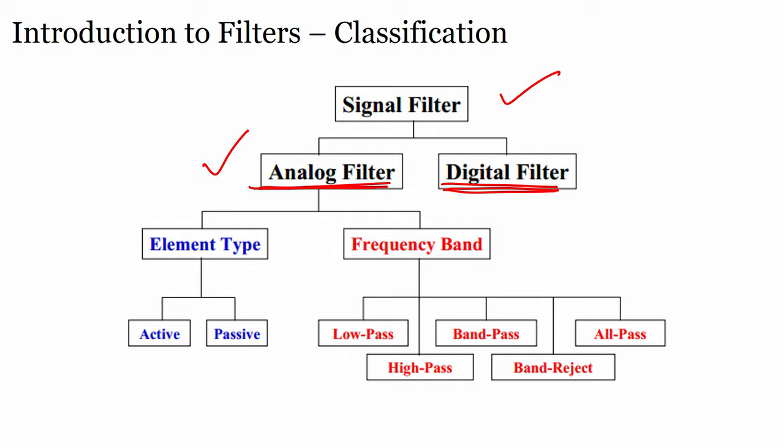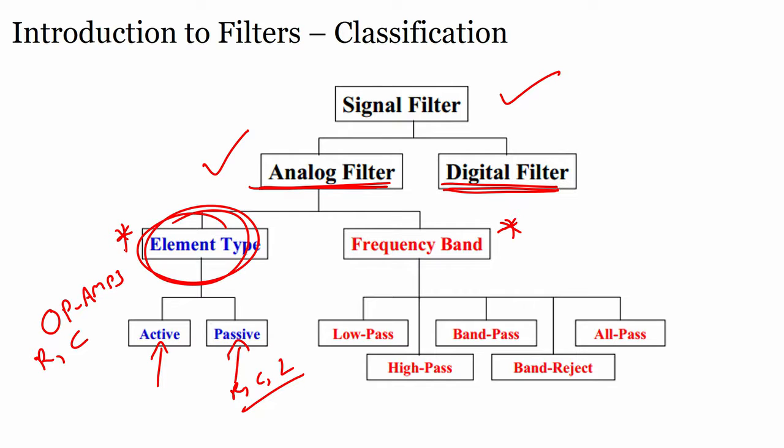Analog filters are further divided into two branches: element type and frequency band. Based on element type, a filter is either active or passive. Active filters use op amps, resistors and capacitors, while passive filters use resistors, capacitors and inductors.